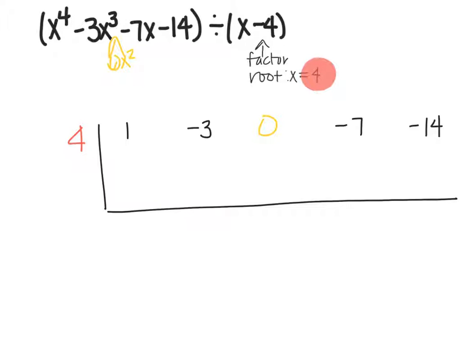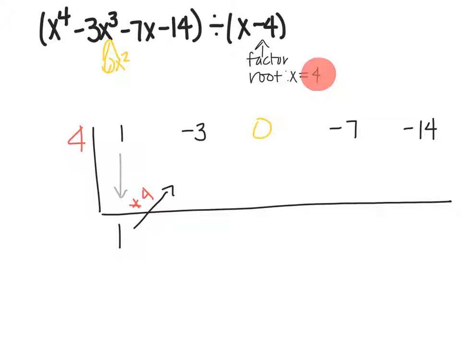When I start off with synthetic division, the first thing I always do is bring down this first term here, which is a 1. So now I'm going to start my process of dividing. Up here, I'm going to multiply by 4. So 1 times 4 is going to give me 4, and that 4 is positive.